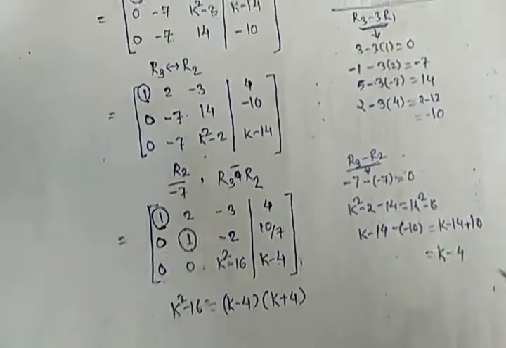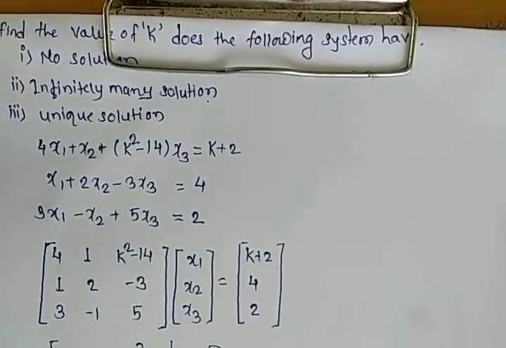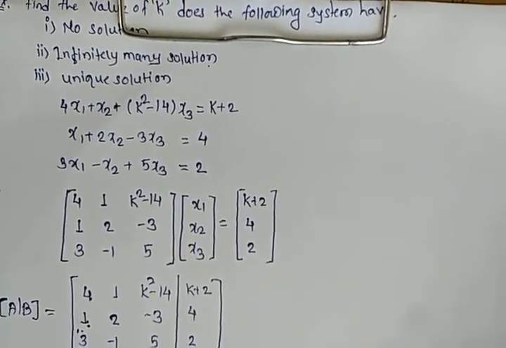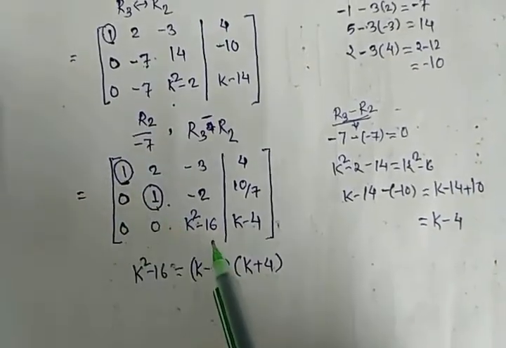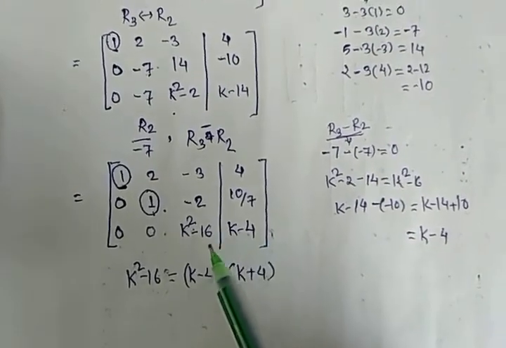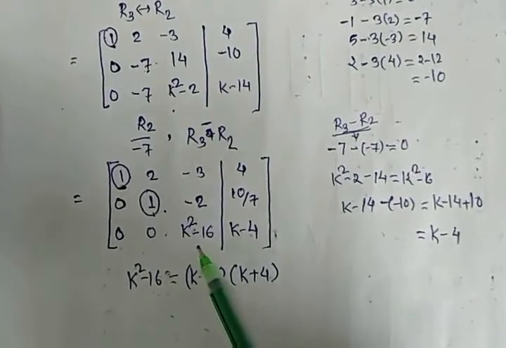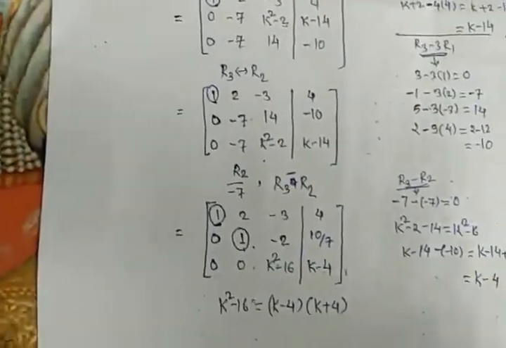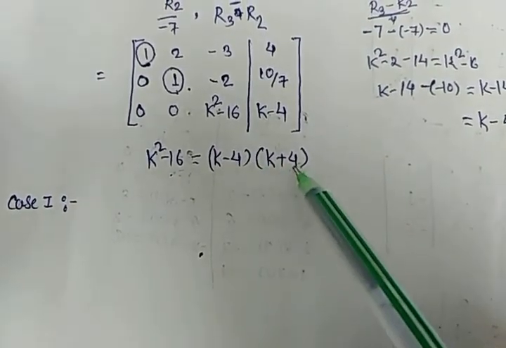Now here we have been given a question that we have to find the value of k for no solution, infinitely many solutions, and unique solution. Now we have the matrix, with k square minus 16 and k minus 4. Here k square minus 16 gives k minus 4 and k plus 4.